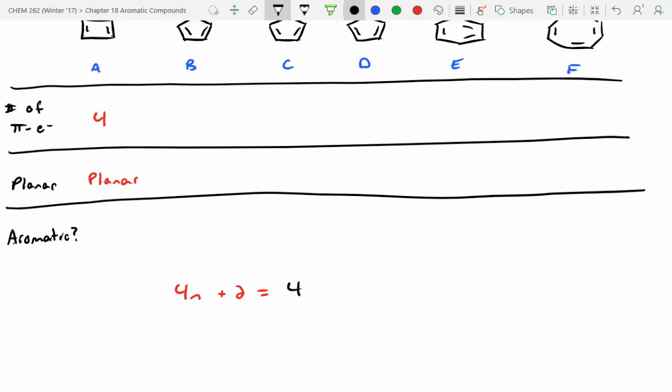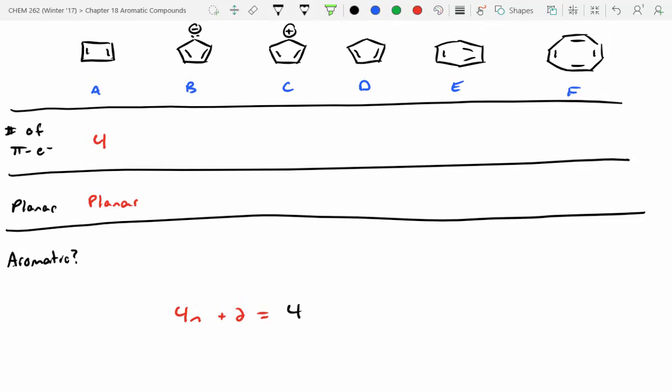Huckel's Rule says that this equation has to have some sort of integer solution for the number of electrons in the p system, right? So in this case, we don't have 4n plus 2 pi electrons, so this is not an aromatic molecule. In fact, it falls into a different category known as anti-aromatic.